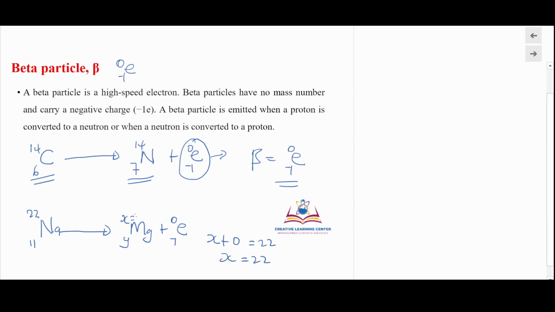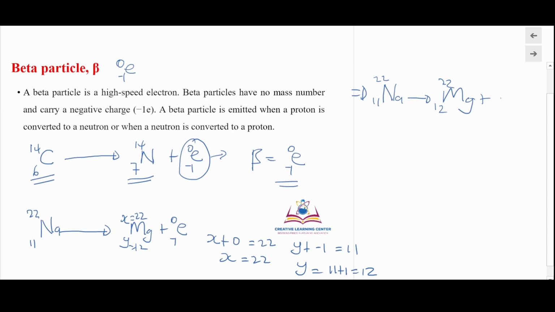Whereas Y plus negative 1 is equal to 11. Therefore, Y is equal to 11 plus 1, giving us 12. This will be 12. That implies that our final equation is sodium 22 and 11, giving us magnesium, which is 22 and 12.